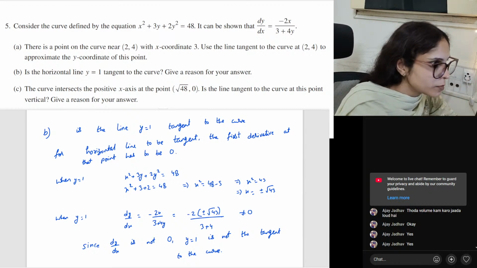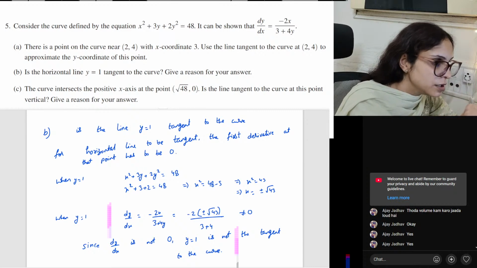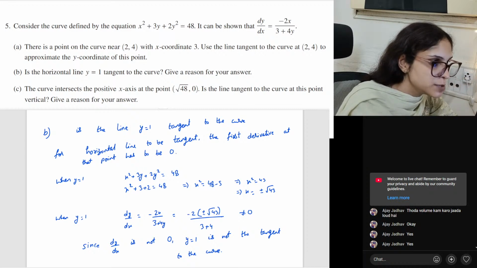Now the third part: the curve intersects the positive x-axis at the point square root 48, 0. Is the line tangent to the curve at this point vertical?